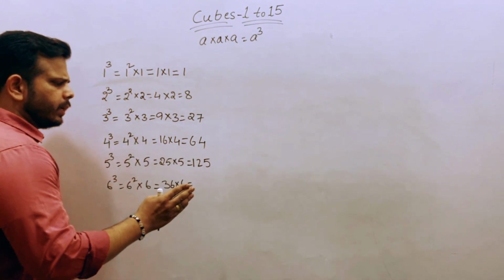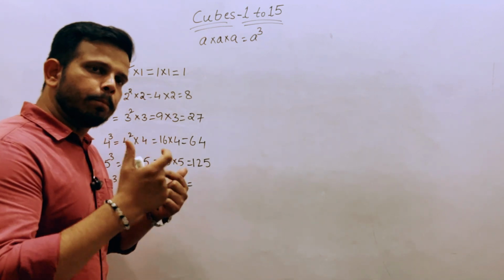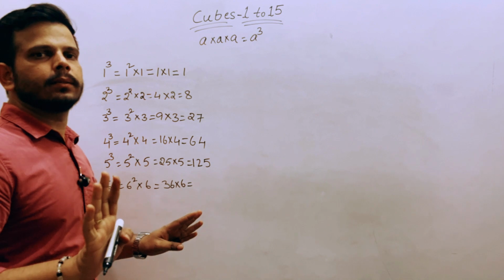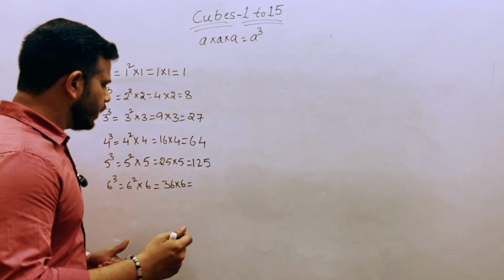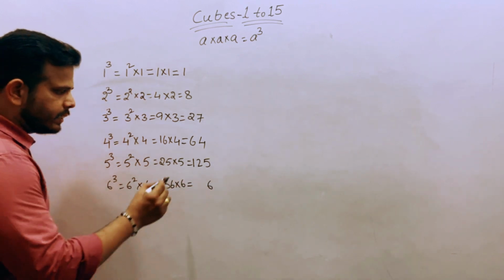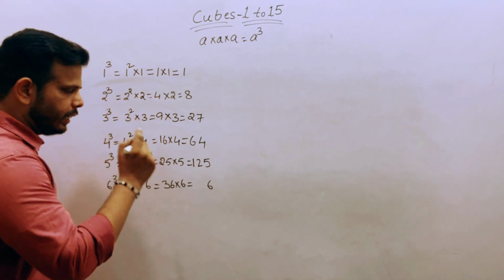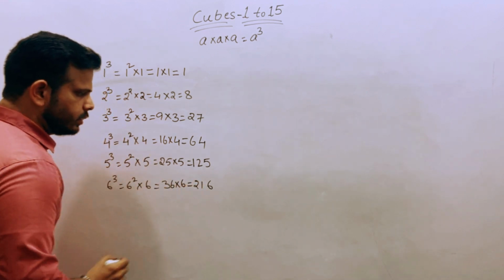Same table concept. Whenever you get a chance to do the calculations with mind, please don't use calculators. Use your mind as many times as possible. Okay, 6 6s are 36. 6 3s are 18. 18 plus 3, this 3 remaining. 18 plus 3, 216.